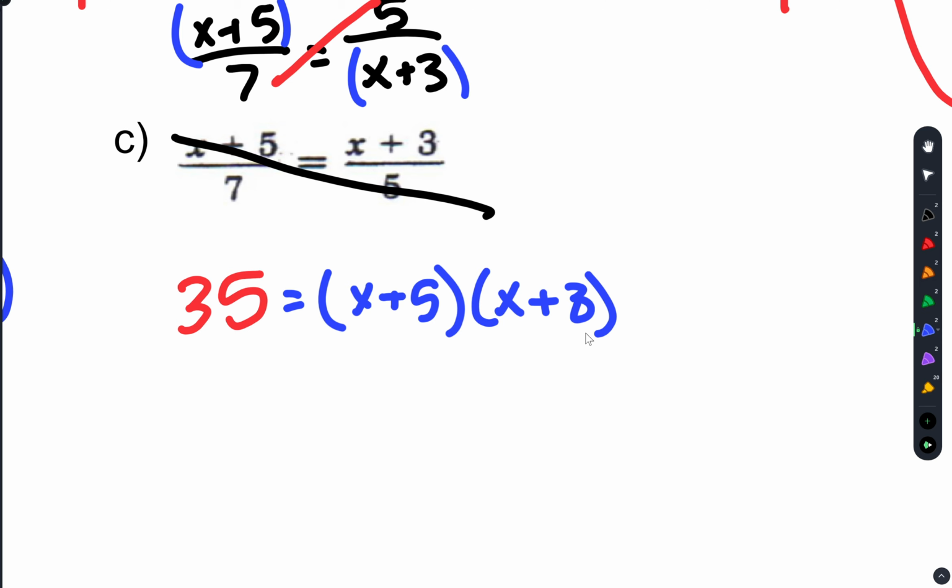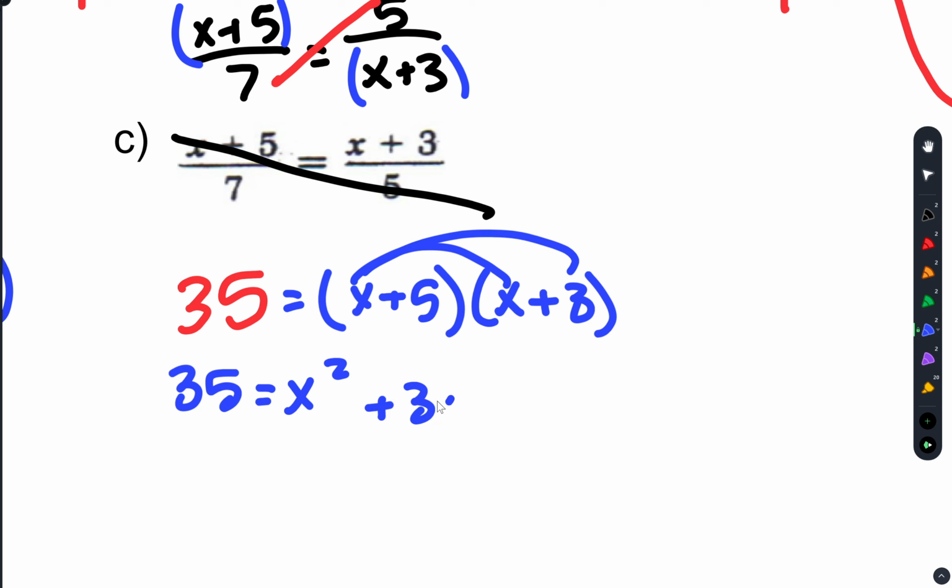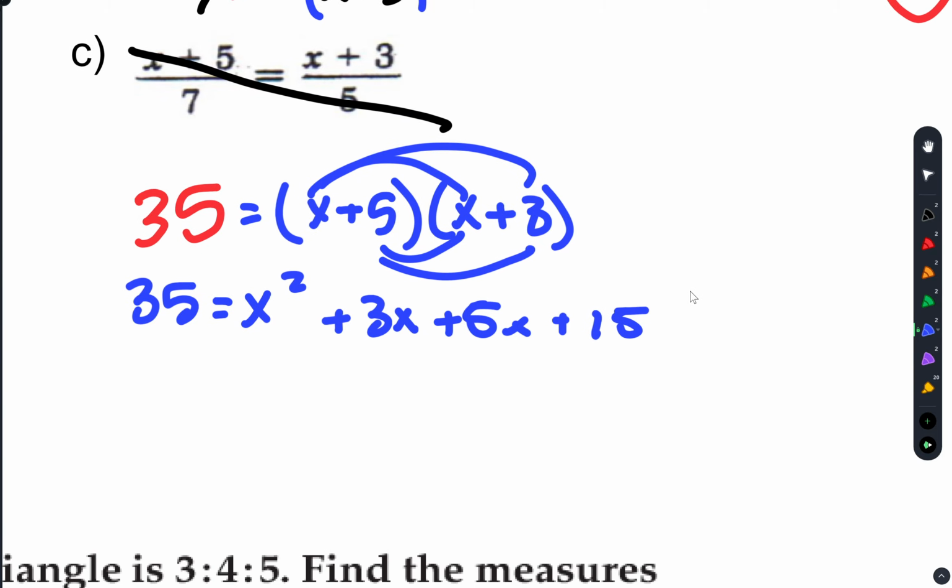I'm going to have to distribute this, double distribute. So this is 35 equals x squared plus 3x plus 5x plus 15. From here, I'm going to solve. This is going to require factoring, just a warning. So this is 0 equals x squared plus 8x plus 15 minus 35 minus 20.